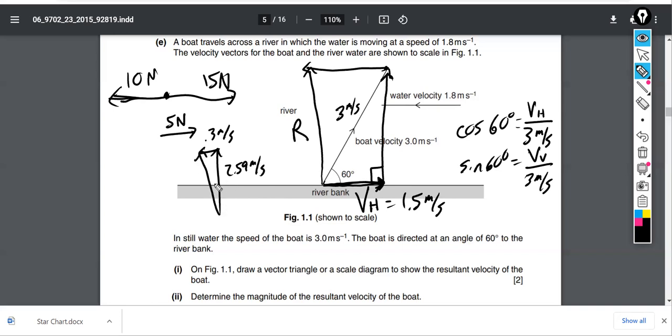Now you can use Pythagoras' theorem to solve for the magnitude of the resultant using these two right here. I'll leave that for you to do on your own. Check back later for the complete worked example on question 1 part E, and we'll see you next time.